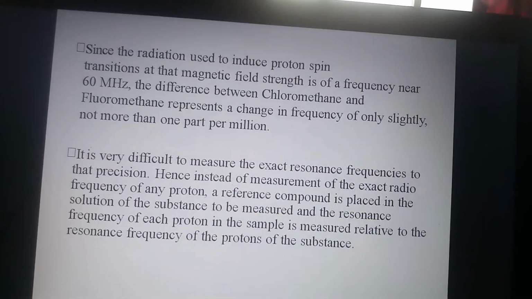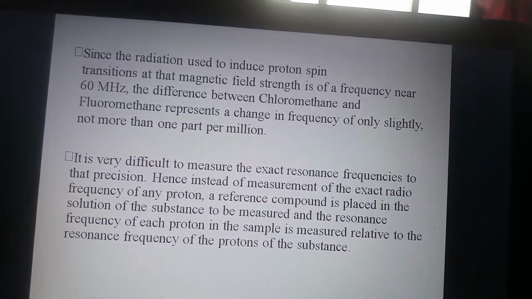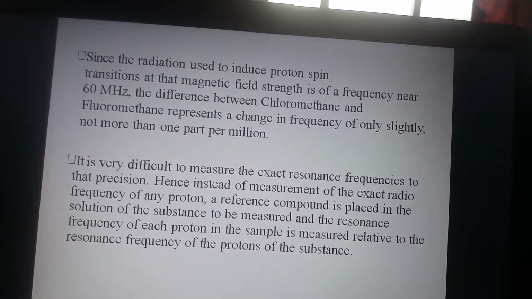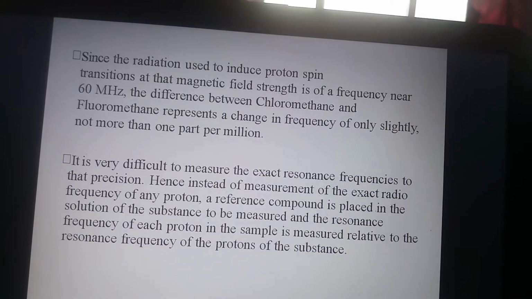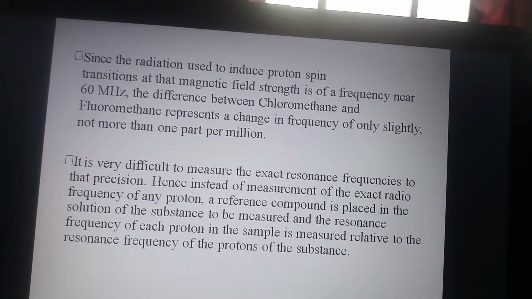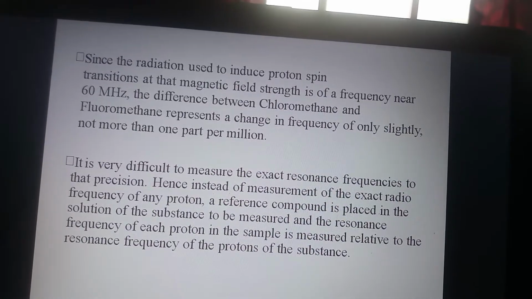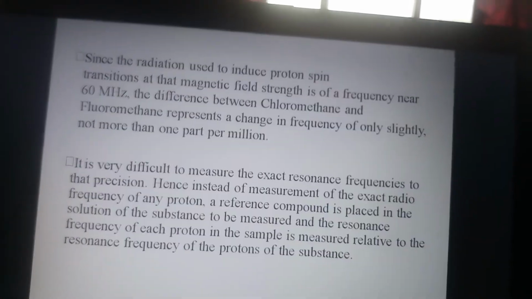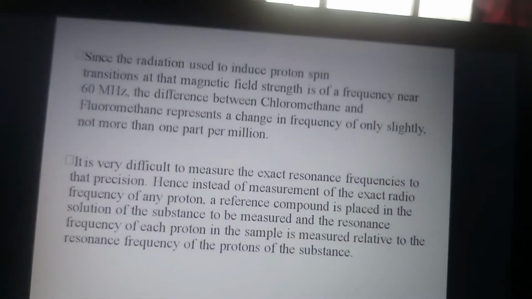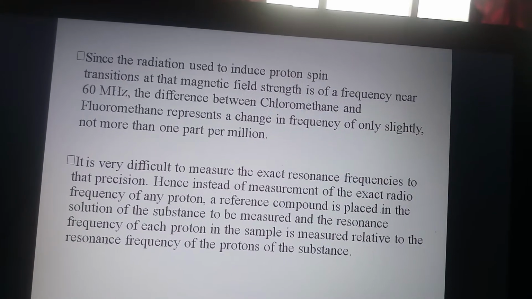Since the radiation used to induce proton spin transitions at this magnetic field strength is of a frequency near 60 megahertz, the difference between chloromethane and fluoromethane represents a change in frequency of not more than 1 part per million. It is very difficult to measure the exact resonance frequencies to that precision.